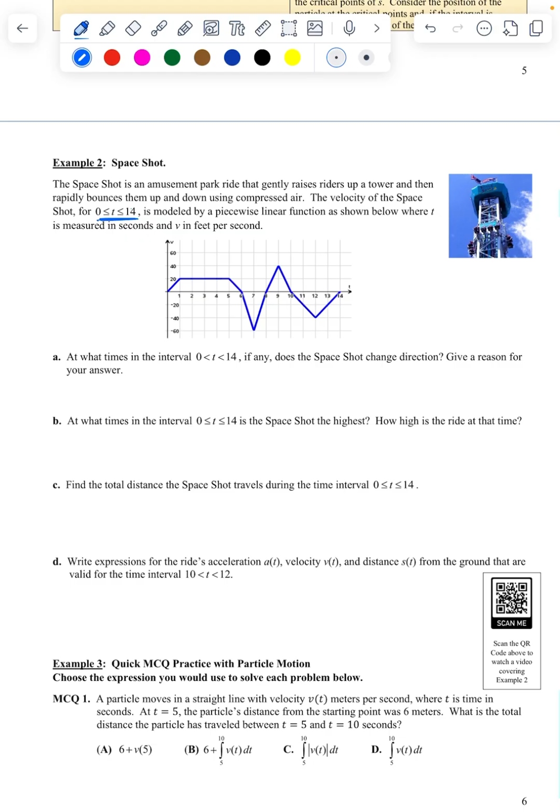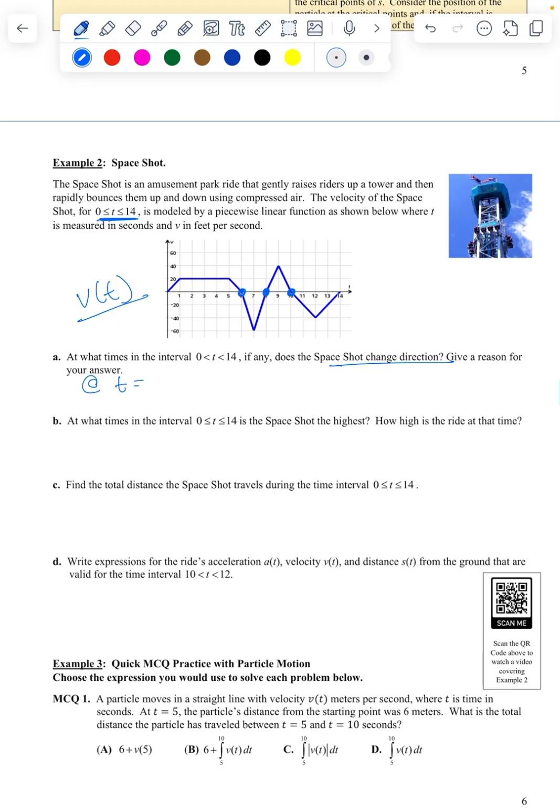Well, I know that this is my velocity graph, and I know that the space shot is changing directions anytime velocity is changing signs, right? So before 6, velocity is positive. Between 6 and 8, it's negative. So when is it changing directions?